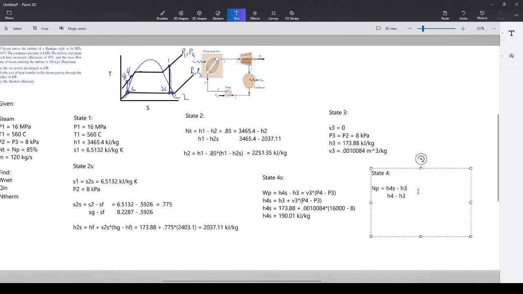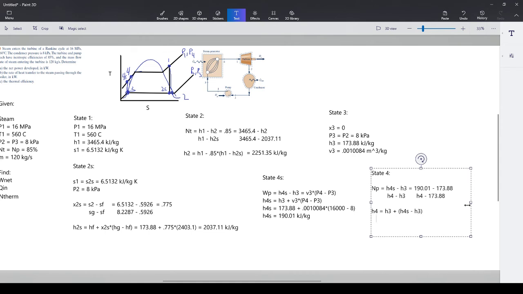Now, knowing that, we can continue and write this out. So we have 190.01 minus H3, which is 173.88. And then you are dividing by H4 minus 173.88. So this right here is our equation. And what you will get when you solve this, once again, if you want to remember this, you are more than welcome to. You will get H4 is equal to H3 plus H4S minus H3.